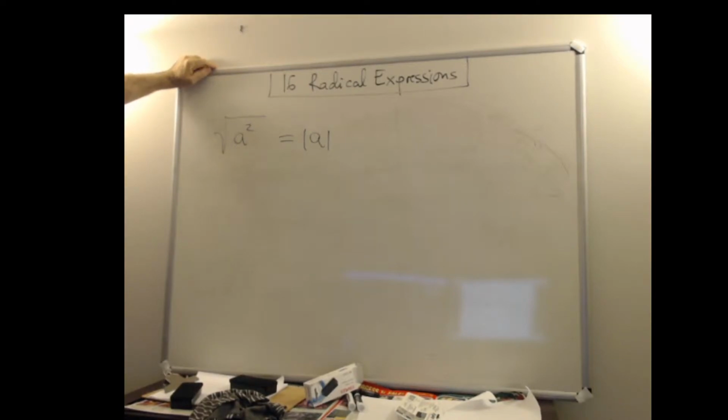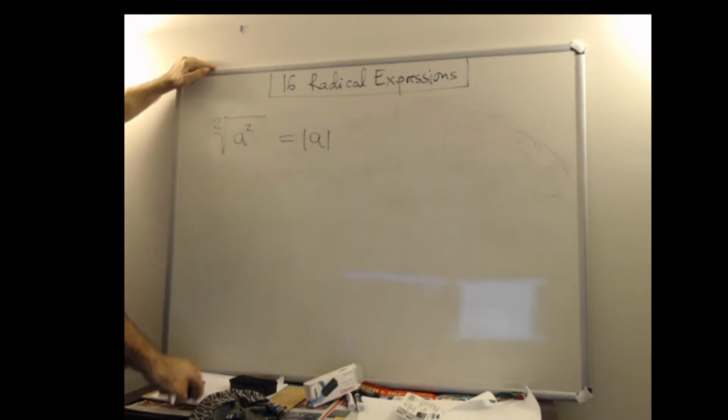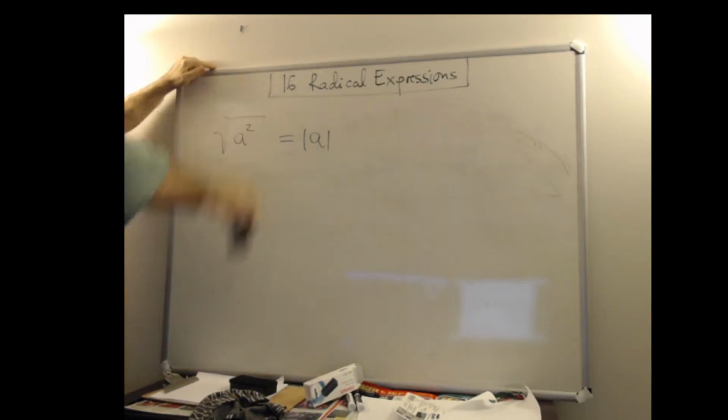Oh, well, okay. It has to have an absolute value, because I don't know what I started with, negative or positive. I know I had to end up with a non-negative number, because a radical with an even index has to be non-negative. So we don't write that again, but we mean to.